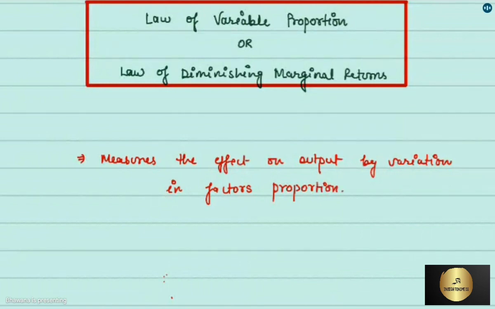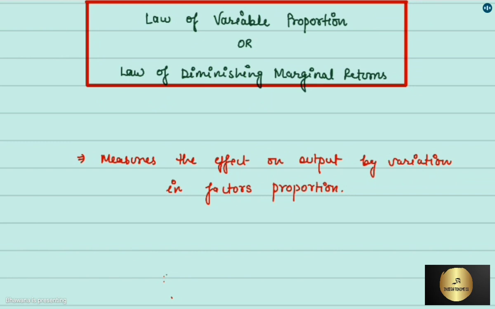So first, what does variable proportion tell us? As we know, output is a function of labor and capital. We use two inputs, labor and capital. But when you vary the proportion, the ratio of labor and capital in which they are used, then how will that variation in proportion affect the level of output?